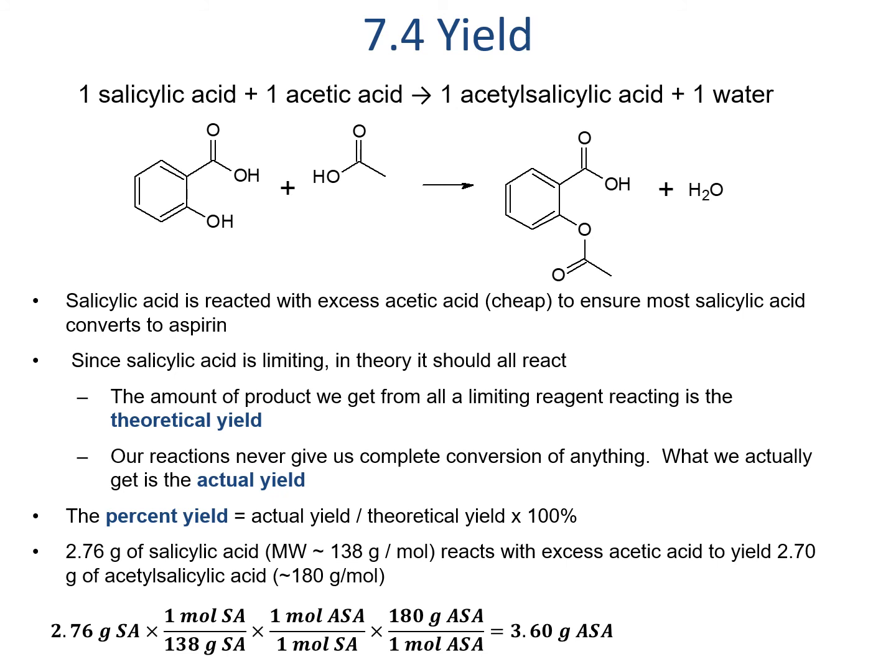Notice that this is higher than the mass of salicylic acid that goes in. That sometimes throws people, but remember, it has a higher molecular weight, so the same number of moles should have more mass. The percent yield is going to be the 2.70 actual yield that we got over the 3.60 that we could theoretically get, which is 0.75 or 75%.